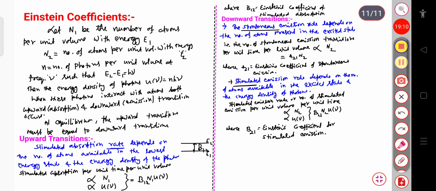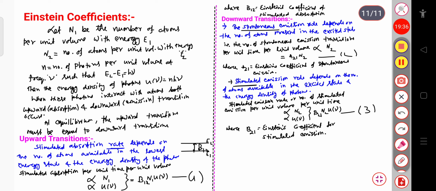So this is your upward transition and downward transition. But at the equilibrium condition, when the system is in equilibrium, the upward transition will be equal to the downward transition. So let me give the equation numbers. This is equation 1, this is equation 2, and this is equation 3. So equation 1 will be equal to equation 2 plus equation 3.